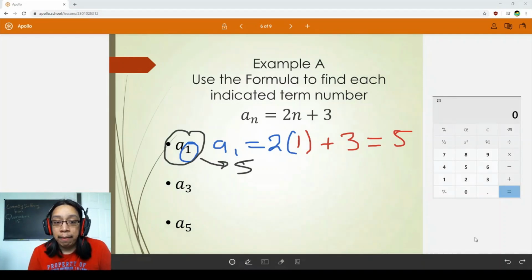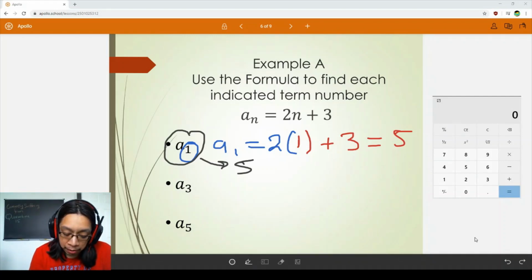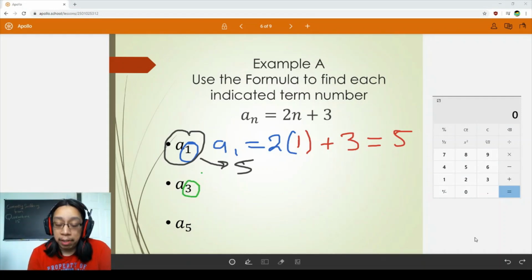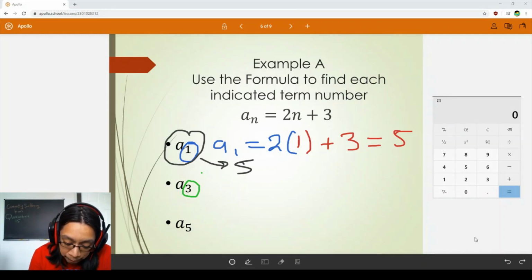Look at the next one. We want to look at what number is in the third spot of your sequence. Why third? Because it's the number 3 here. So guess what? We're going to plug in the number 3 for n. So a3 is equal to 2 times 3.